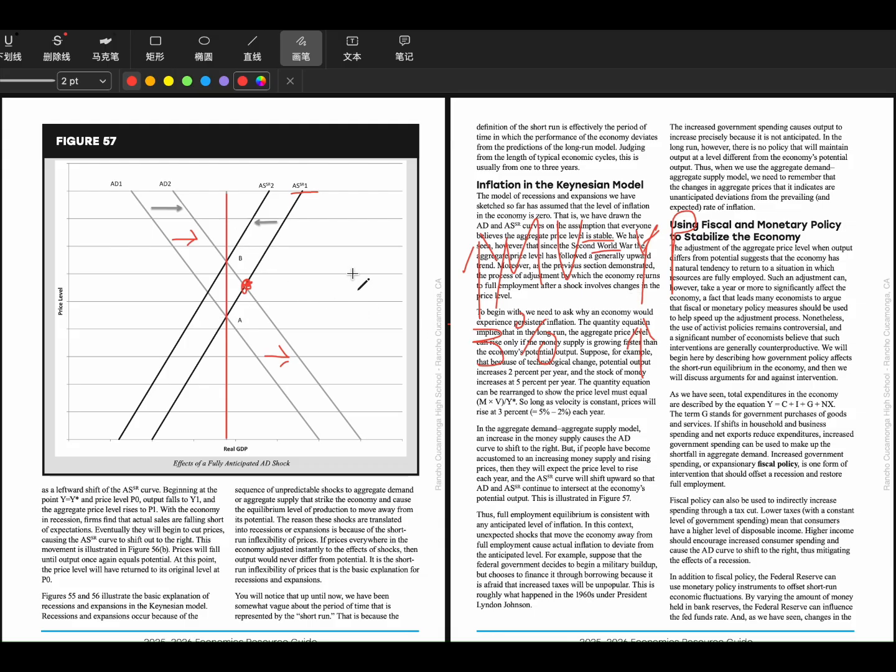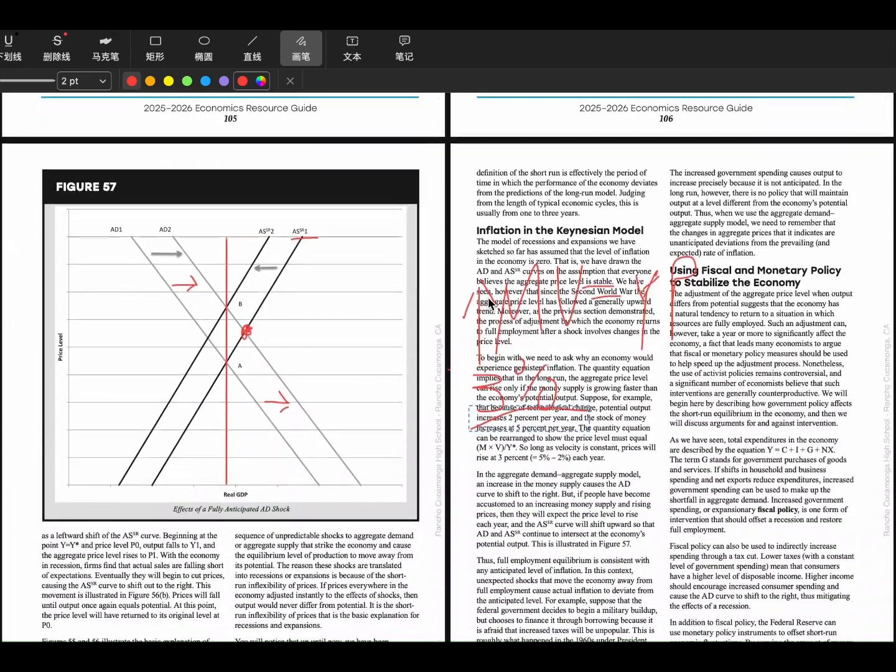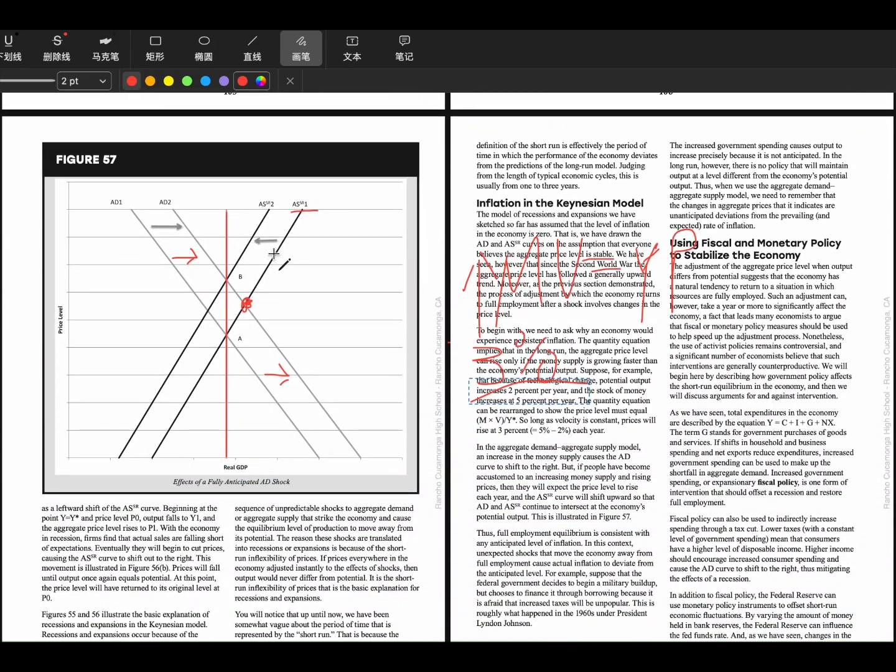But let's say the economy actually anticipated this inflation. They anticipated that you're going to increase the money supply, that they anticipated this 3% increase. Now what's going to happen? As we have discussed before, one of the reasons why ASSR, and the most common reason why it would shift, is that it anticipated the prices to increase.